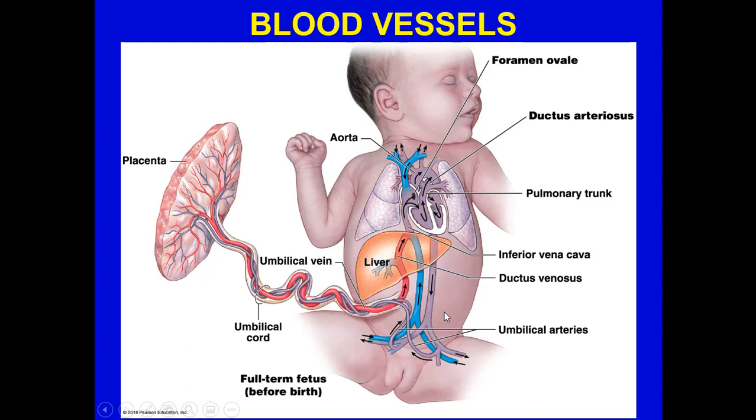When birth occurs, of course, we cut off the umbilical cord. There is also going to be that first breath. When the baby takes that breath in, there's a pressure change in the thoracic cavity that causes these structures to pop closed. Also, we have the ductus venosus, which itself will also eventually atrophy and close up.